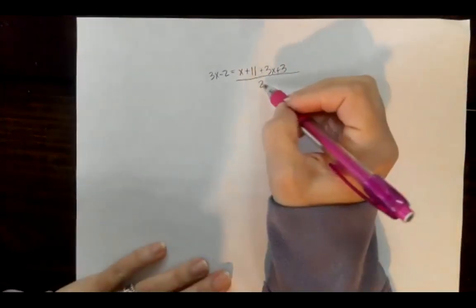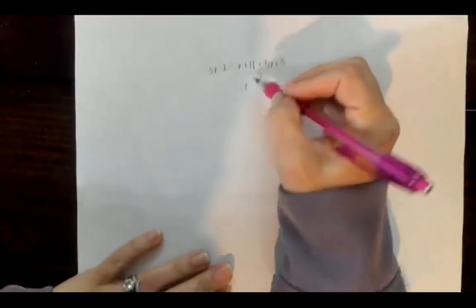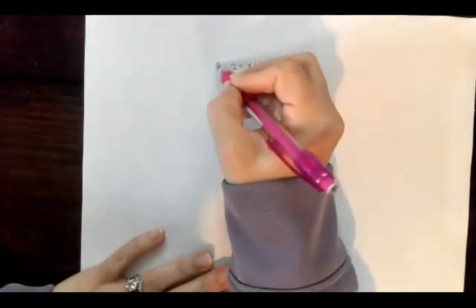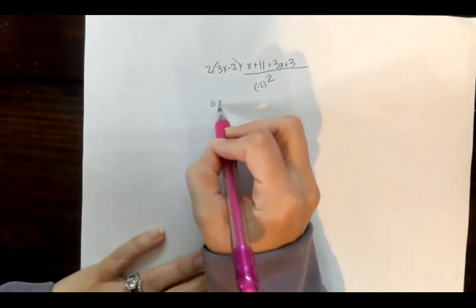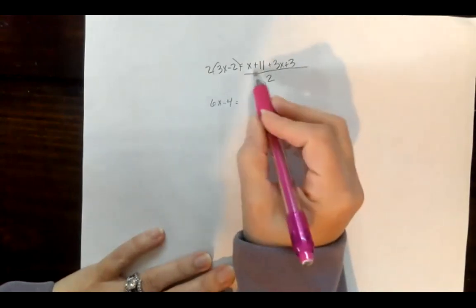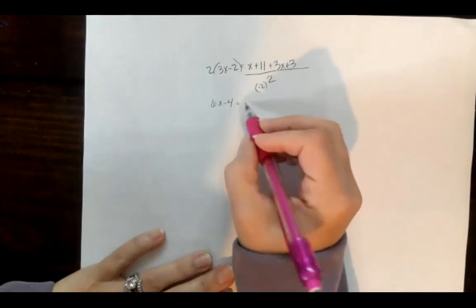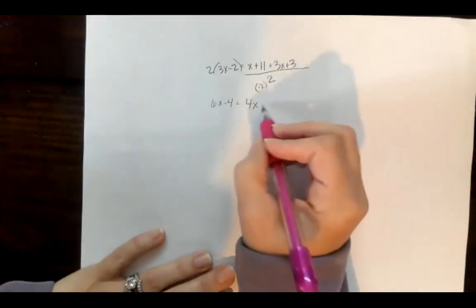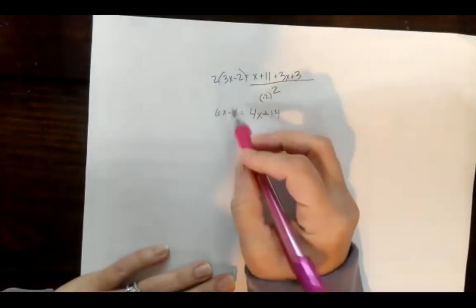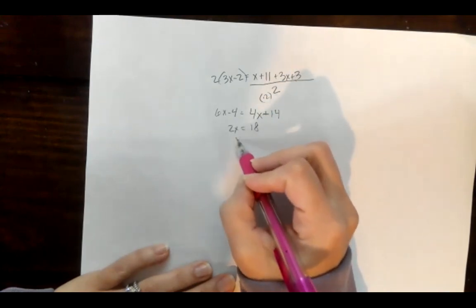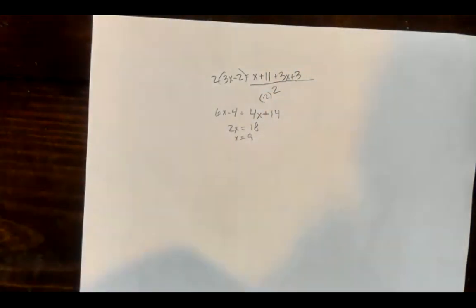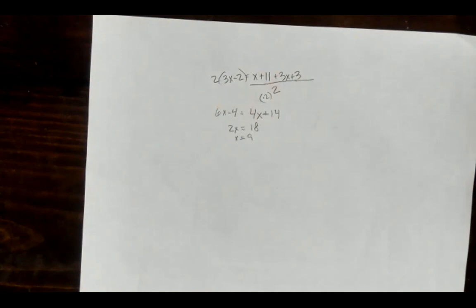All right, let's start by clearing our fraction. Multiply each side by 2. So now we have 6x minus 4. And let's go ahead and combine our like terms right now instead of having to rewrite it. So we have 4x plus 14. Now we're just going to solve algebraically. Easy enough?